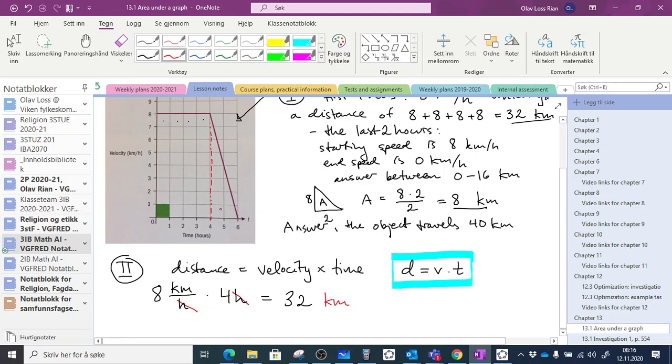This not only applies to these straight-line graphs. This is really a split function where we have one function for the first part and another function for the last part, and we can find the area under the graph. It's not that difficult because we know how to find the area of rectangles and triangles. But it also applies to curves, and that's the important result here.